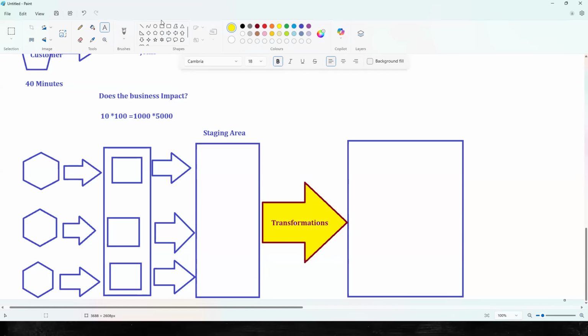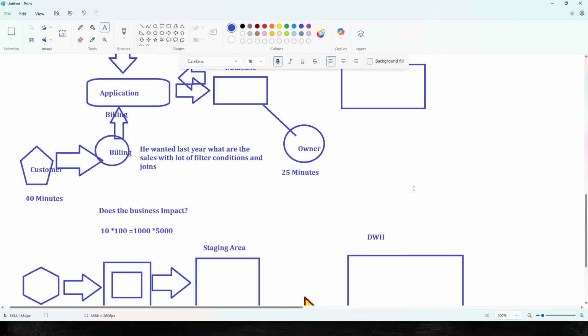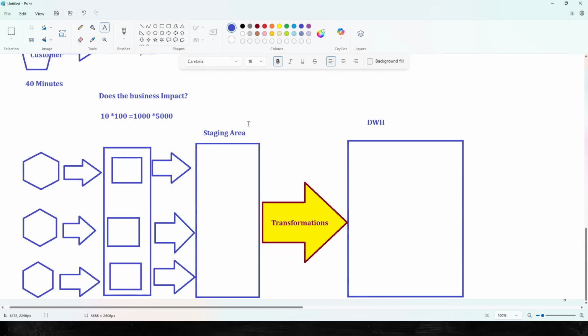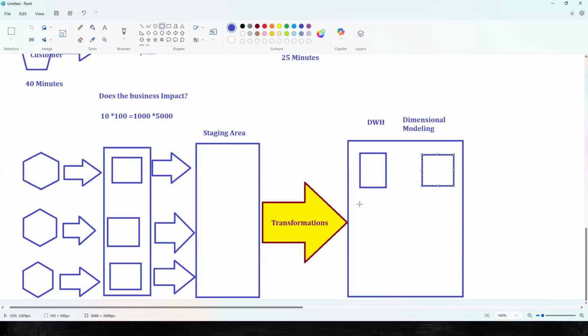Depends upon the data warehouse you are going with. Everybody, you are already ETL testers, right? Which model are you going to use? It is dimensional modeling. So finally, you are going to do that. Sir, this is all fine. Now you are going to arrange this data into dimensions.